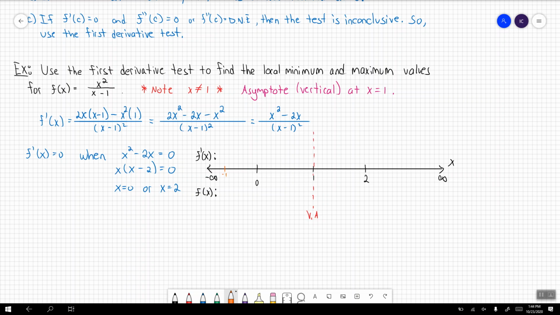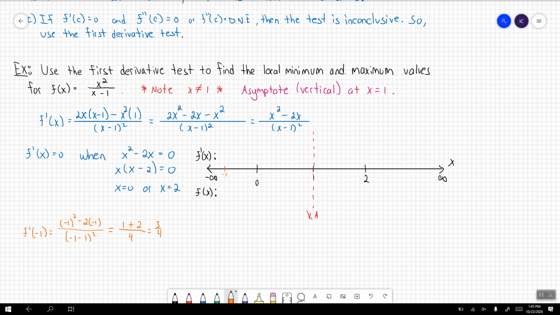Let's make the substitution of -1 into my derivative. f prime of -1, we're going to get (-1) squared minus 2 times -1, all divided by (-1 minus 1) squared, which gives 1 plus 2, all divided by 4. This turns out to be 3/4.